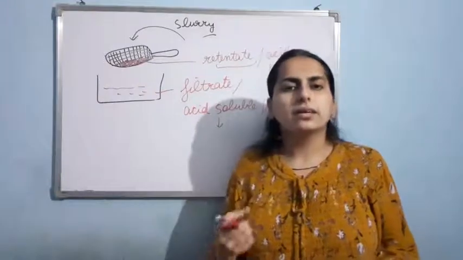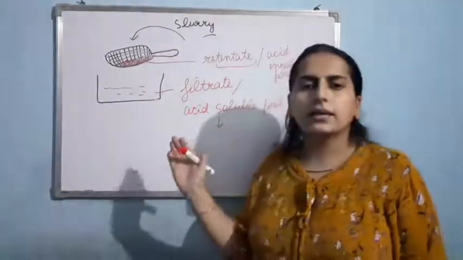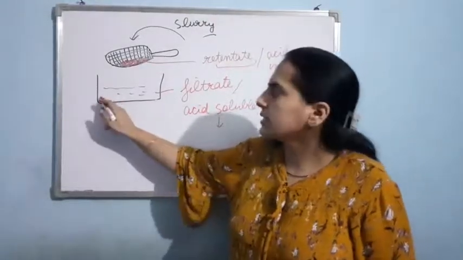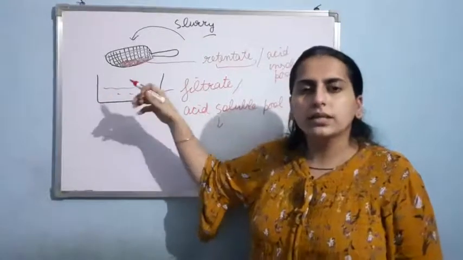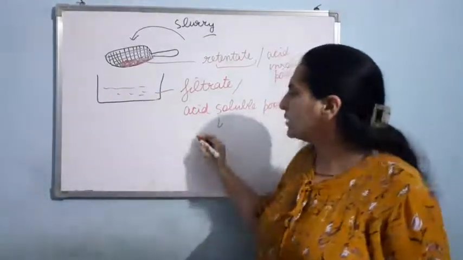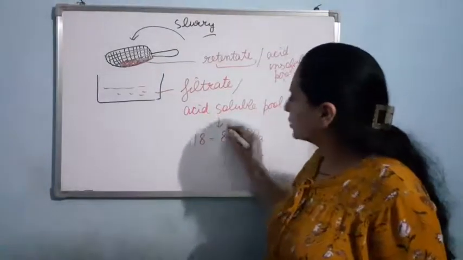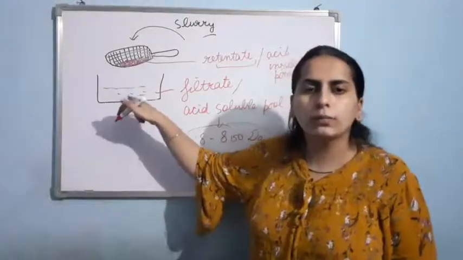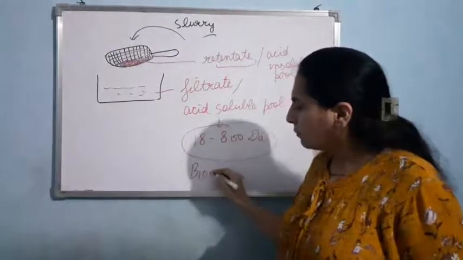The compounds that are present here in this acid soluble pool, their size is between 18 to 800 Dalton. So that's why the compounds that are present in this acid soluble pool are termed as biomicromolecules.